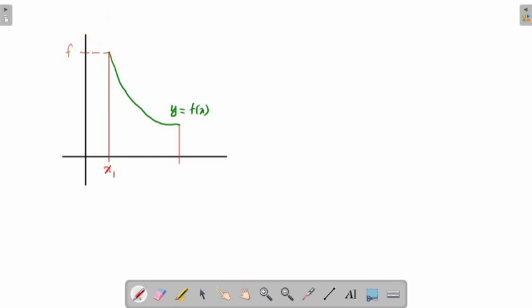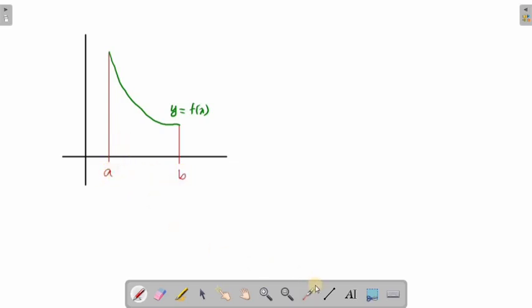So that's why I need to draw this perpendicular. So this is your f of x1. Now let me consider this to be my a, and let me call this point b.